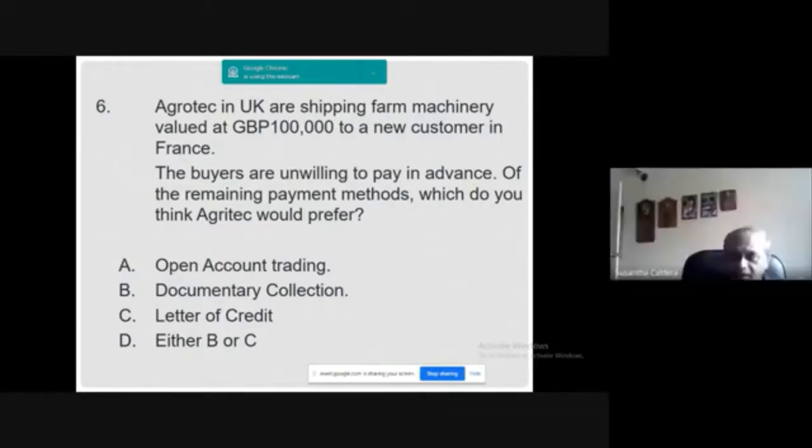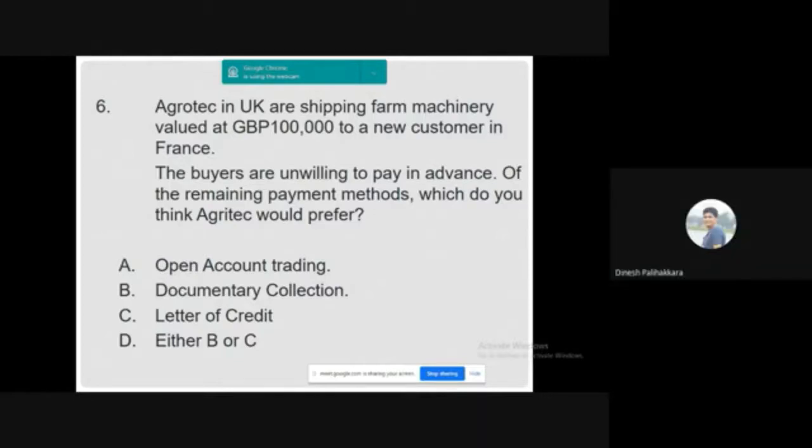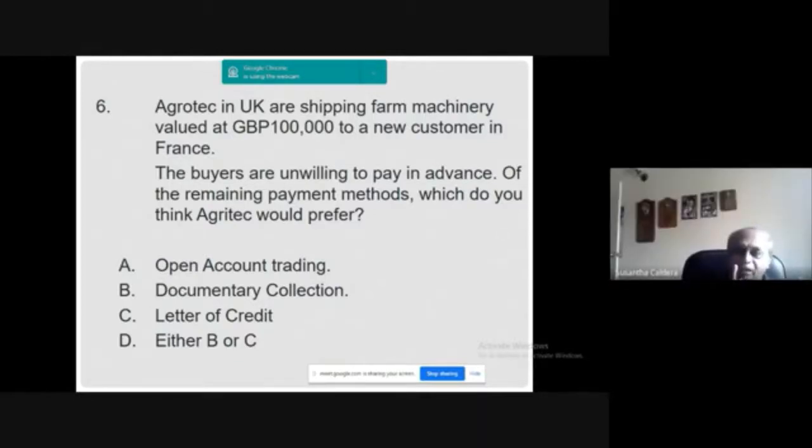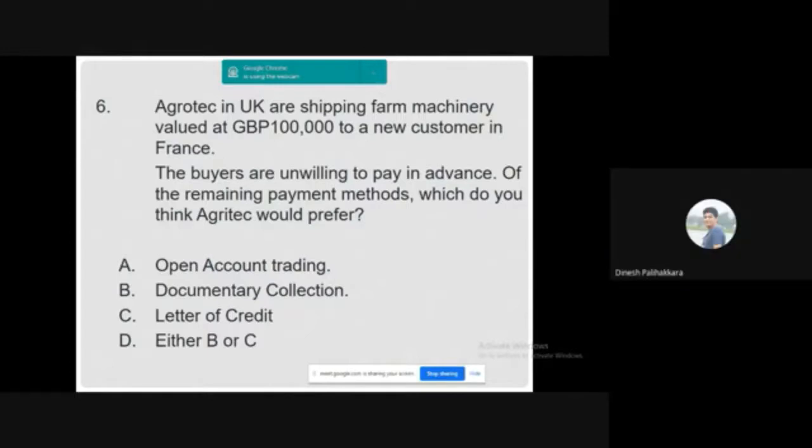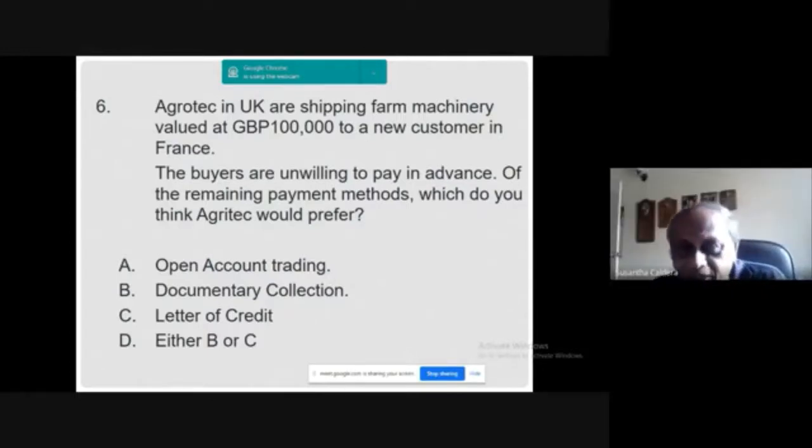In this particular question, you have to understand certain few areas, very important areas.